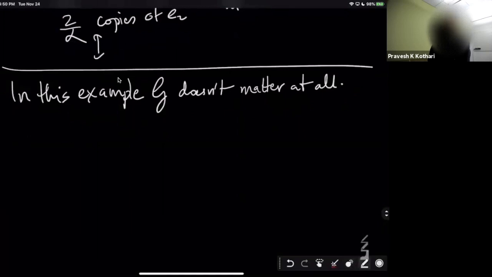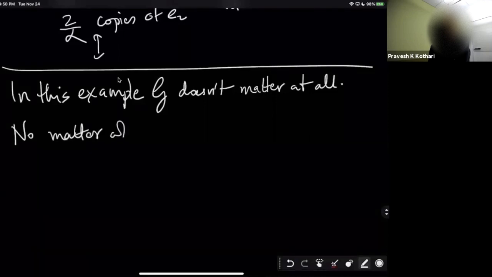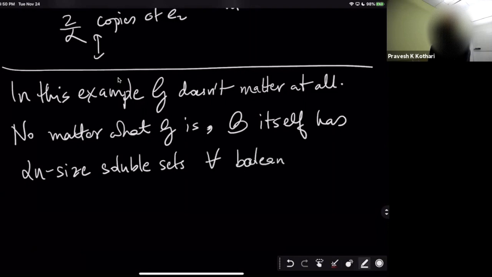No matter what G is, B itself has alpha n size soluble sets for all Boolean vectors. And so the good part didn't play any role at all. The adversary can simply do this regardless of what your good part is, and we are in trouble.